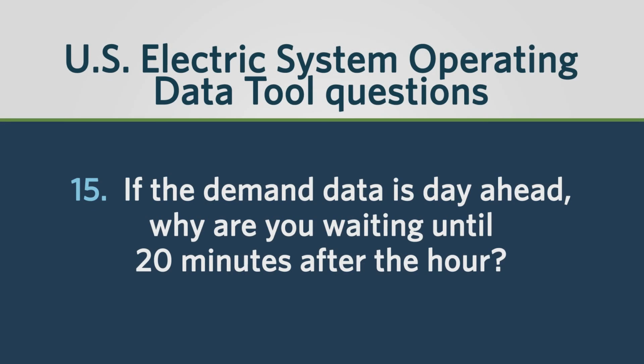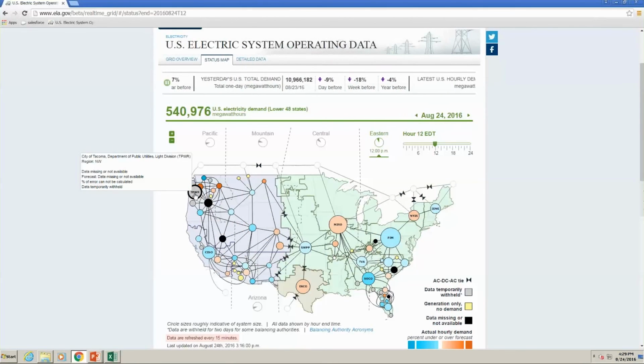If the demand data is day ahead, why are you waiting until 20 minutes after the hour? So let's be clear about what we're collecting about demand. We're collecting two things about the demand. The first thing is we are collecting a day-ahead demand forecast.